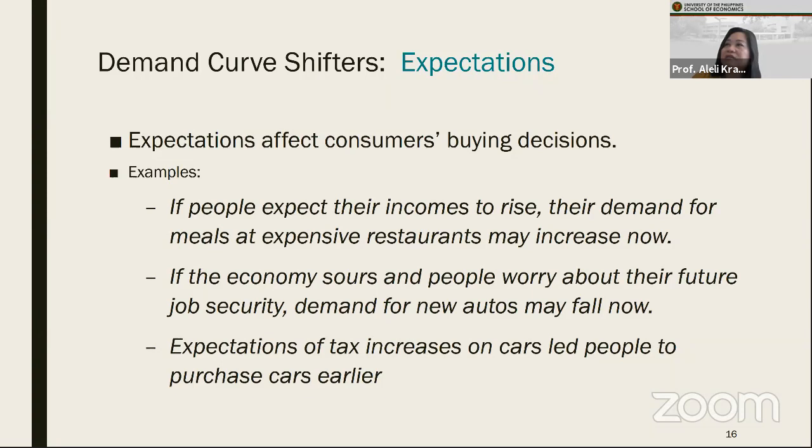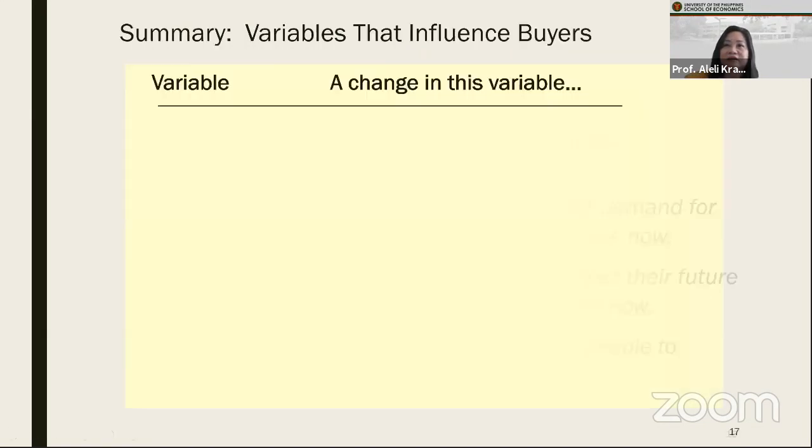The excise tax on cars was supposed to increase in 2018, 2019. And so car sales increased in 2017 because people expected that taxes would increase, so they were actually buying ahead. So these are some of the factors that affect demand.